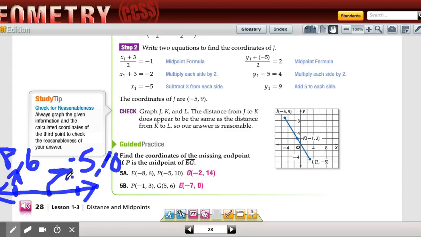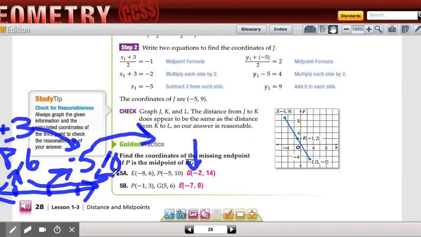My x is -8 to -5, that's a +3. I'm going a +3 to get from here to there. If I go another +3, I'm going to be at -2, which is what it shows right there. Same thing, if I'm going from 6 to 10, and that's the midpoint, that's a +4. I go another 4, and that's how I get to 14.